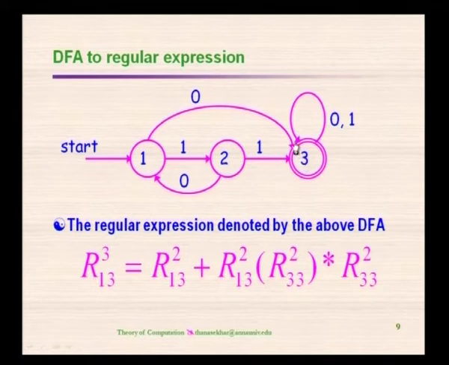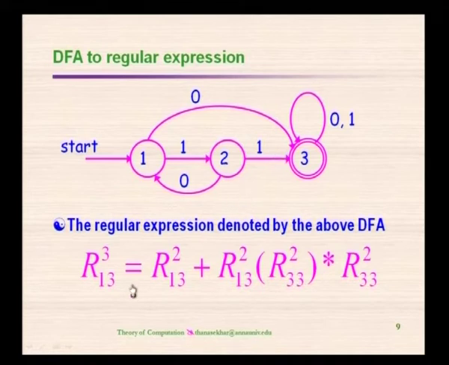To find out the regular expression denoted by the entire finite automata, we must allow every state to be an intermediate state. So, 1 should be allowed to be an intermediate state, 2 should be allowed, and even 3 should also be allowed. Then only we will be able to see the entire set of strings recognized by this automata, so that we will be able to come up with the actual regular expression for this automata.